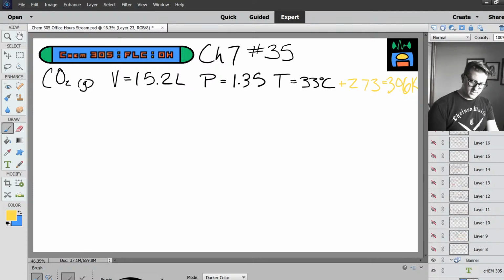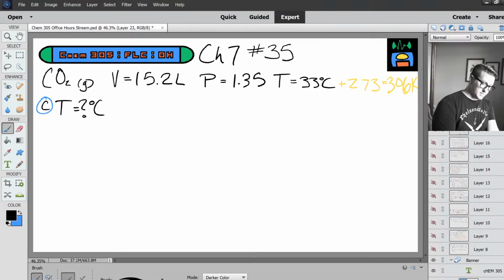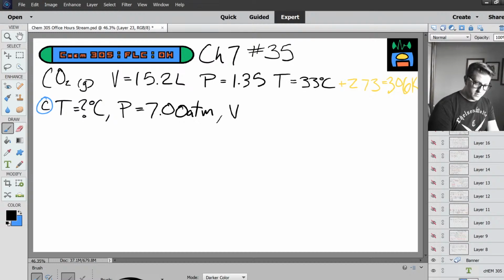In part C, they want us to find the temperature in degrees Celsius when the pressure is 7 atmospheres and the volume is 0.973 liters.